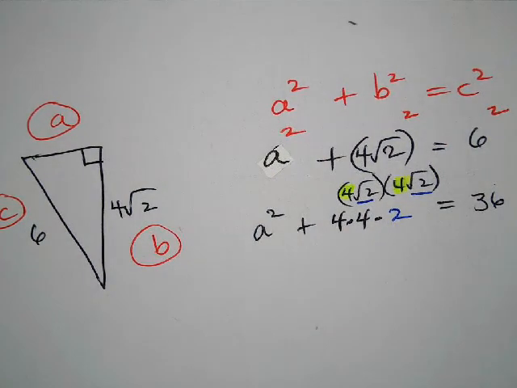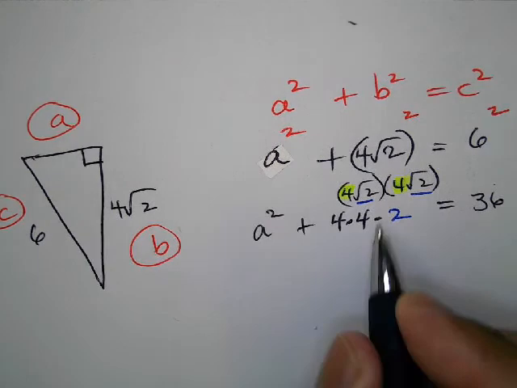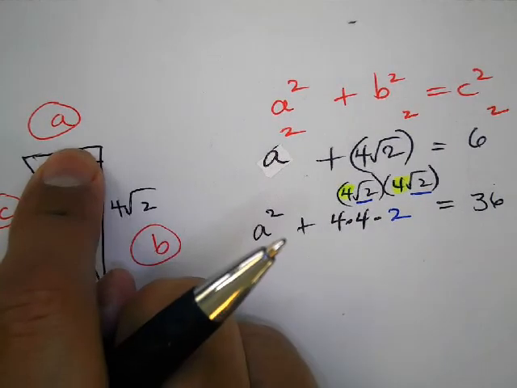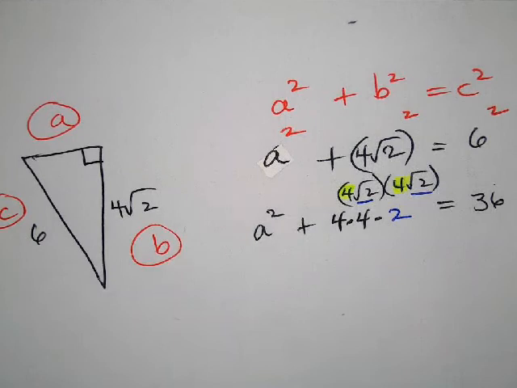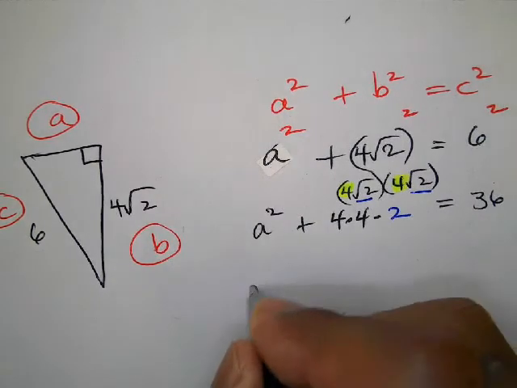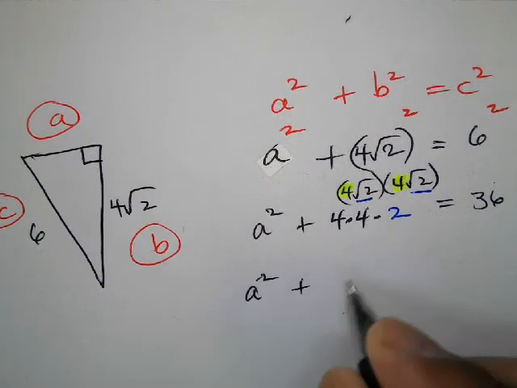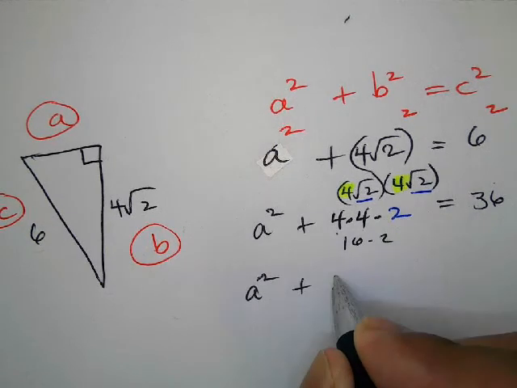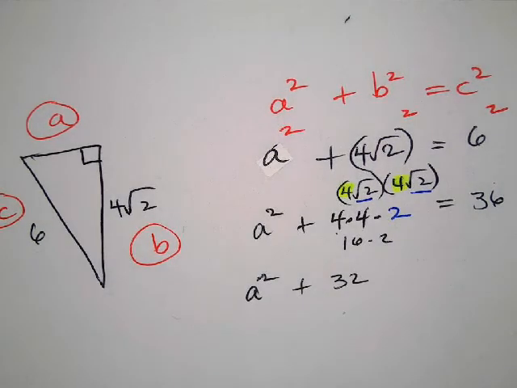All right, don't skip that part. That's where people mess up. If you get this wrong, then this side will be wrong, then all the trig ratios will be wrong. So do this carefully. A squared plus 4 times 4 is 16. 16 times 2 is 32.